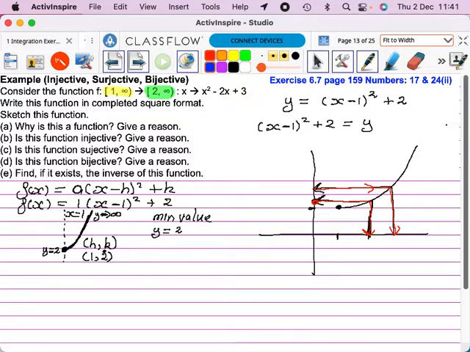I'll say that again. What did the original function do? It takes you from an x value on the x-axis up to the curve, and it gives you a y value. What does an inverse function do? It starts off on the y-axis, goes to the curve, and gives you an x value.